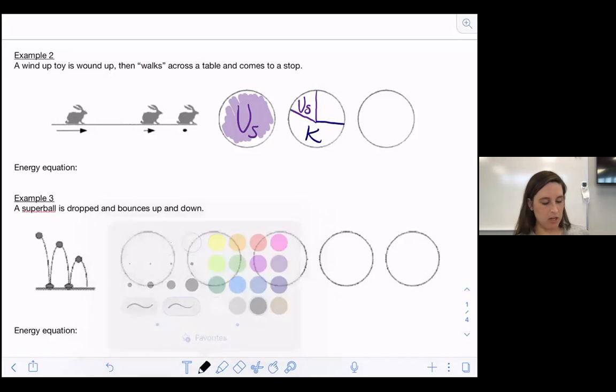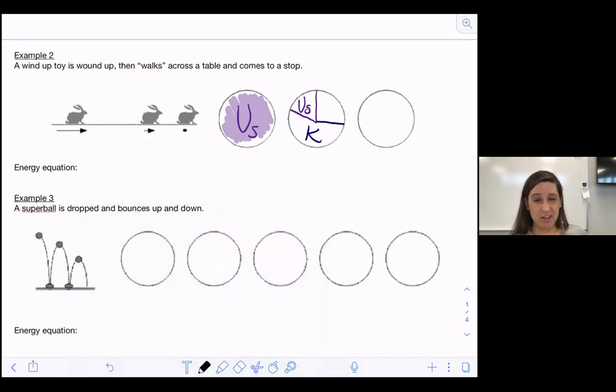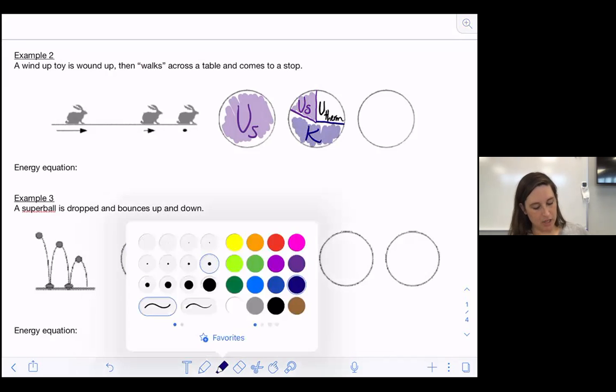And if you've ever played with any of these toys, they're really loud and they have a ton of friction. So we're going to be losing energy to heat, and sound. So we're going to have thermal energy in there as well. Okay, so that second position actually has a ton of different energies associated with it.